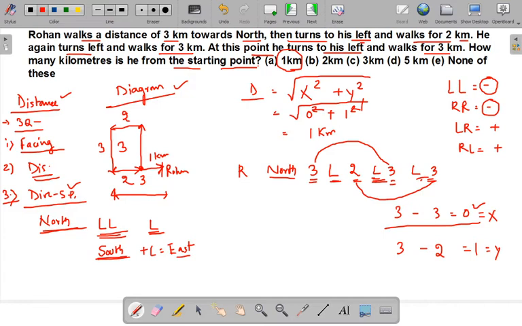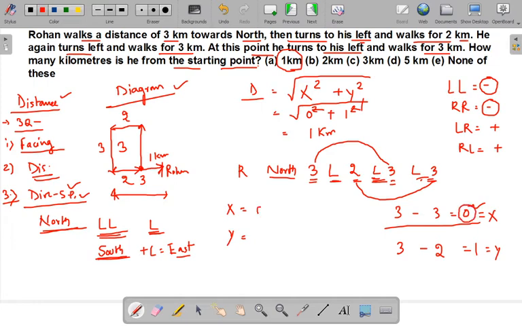Now coming to the third question, in which direction is he with respect to his starting point? Here there will be two directions. One is the direction of x, another will be the direction of y. Here the value of x is 0.